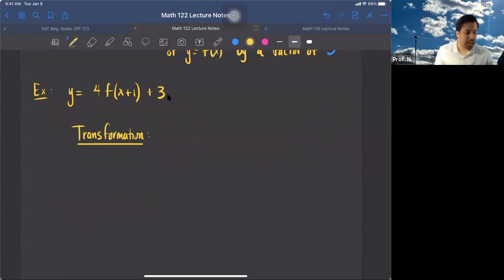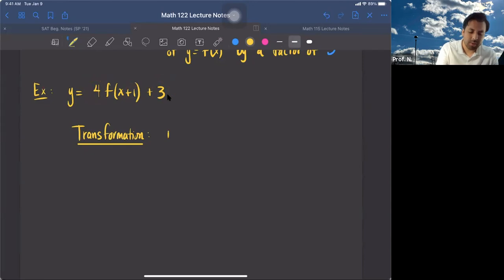There's a lot of shifts going on, right? There's a horizontal shift, there's a vertical shift, and there's a vertical stretch. And the order of this doesn't really matter. Whether we stretch it first or at the end, or shift it first, it doesn't matter for this stuff.